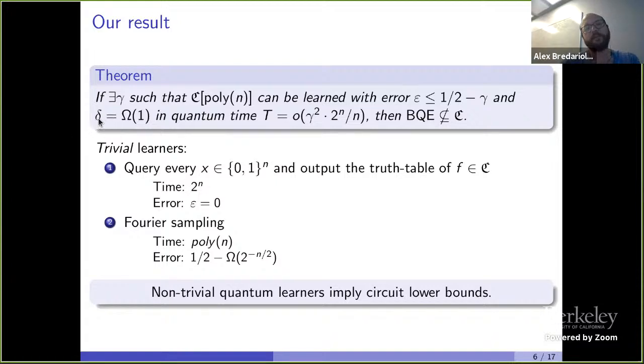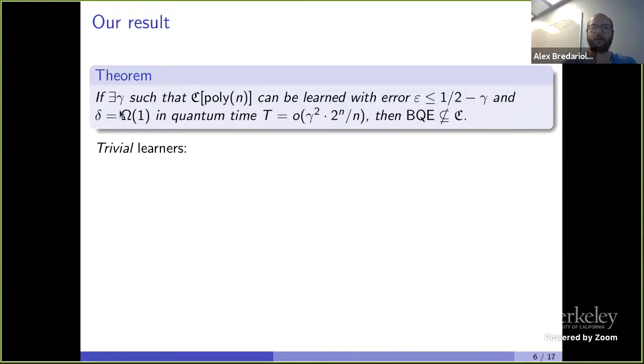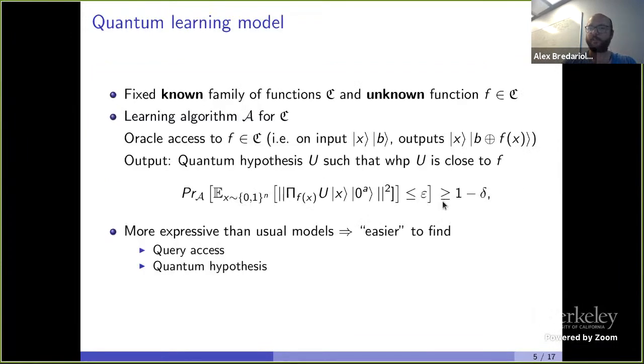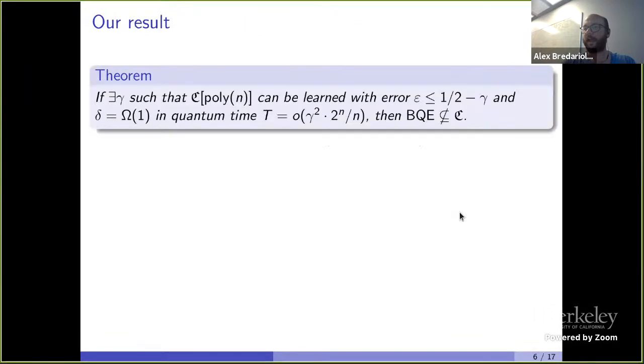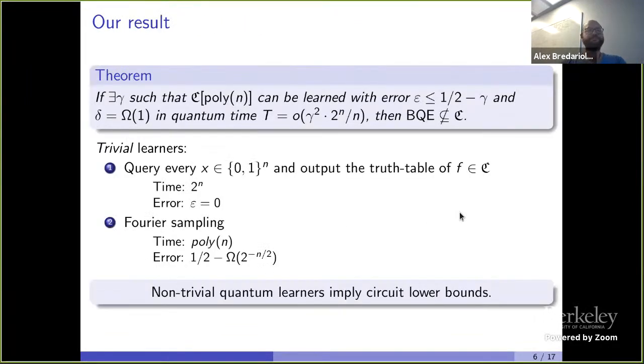So here, we want the delta in this learning algorithm to be a constant. So you can just pick one of them uniformly at random, and then you have your half here. We're not aiming for something that is very close to one. We just need a constant here. So picking either of them is fine. Picking one of them uniformly at random will give us the correct choice with what you have.